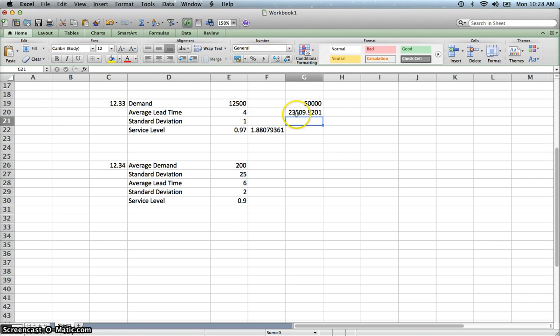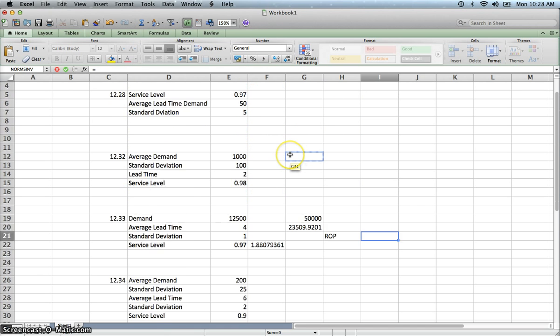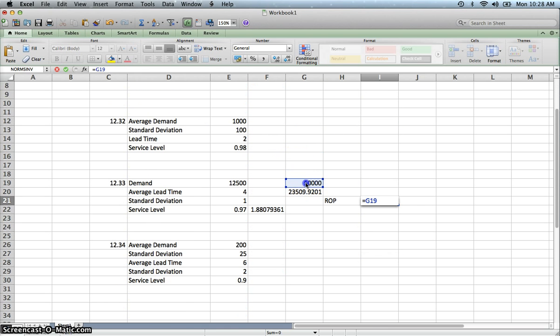And so we're going to add 23,510 to that, and so that's going to give us this idea here that our reorder point then becomes the 5,000 plus the safety stock, in this case 23,510.